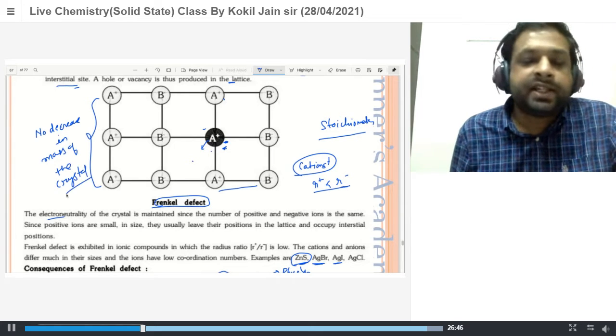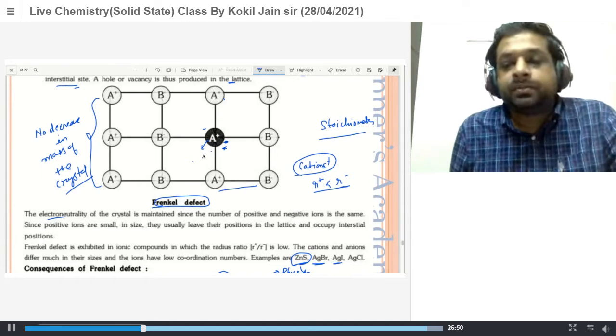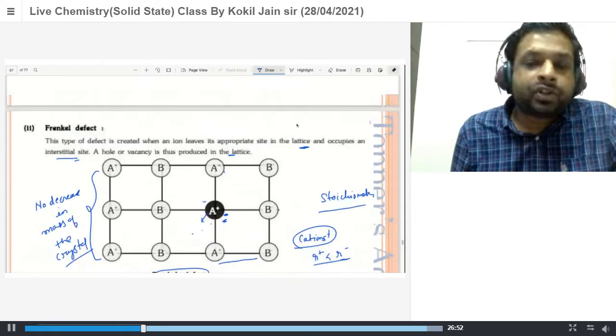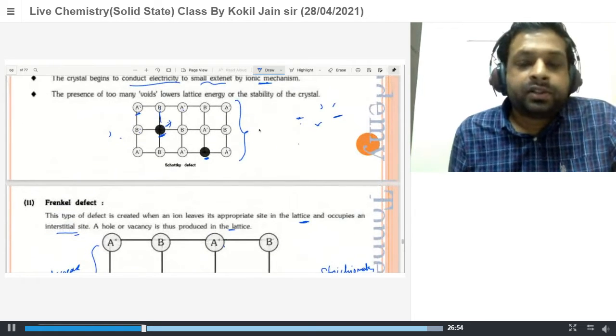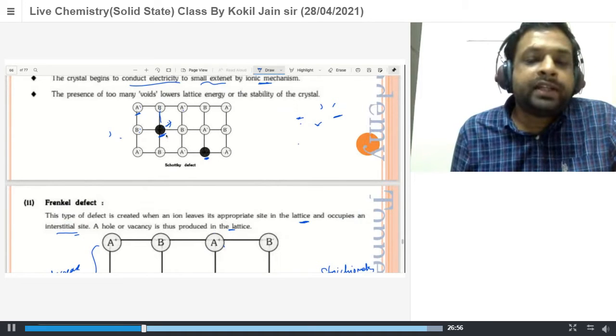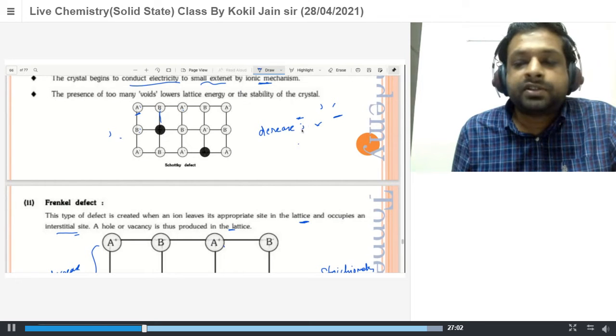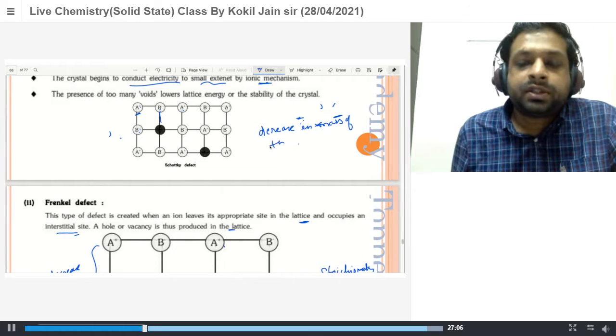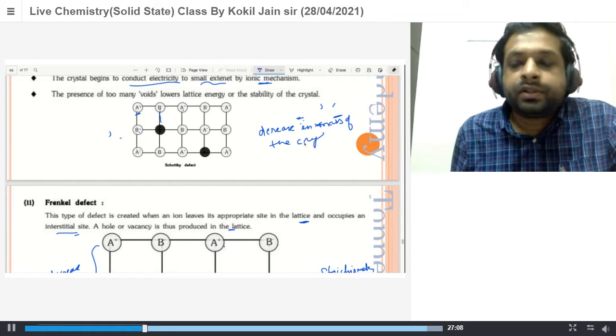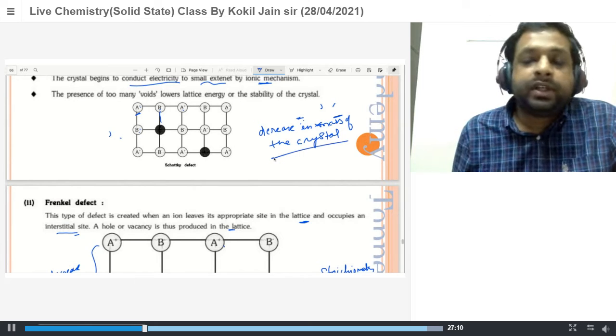This ion is present inside the crystal only, but it has gone to the interstitial position. But in the case of Schottky defect, there was removal of both anion and cation. There was a decrease in the mass of the crystal. Yes, you can see it here.